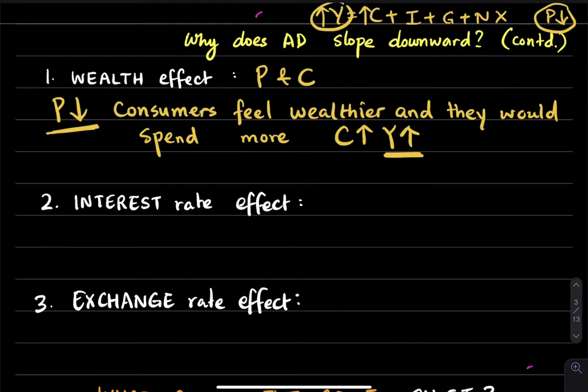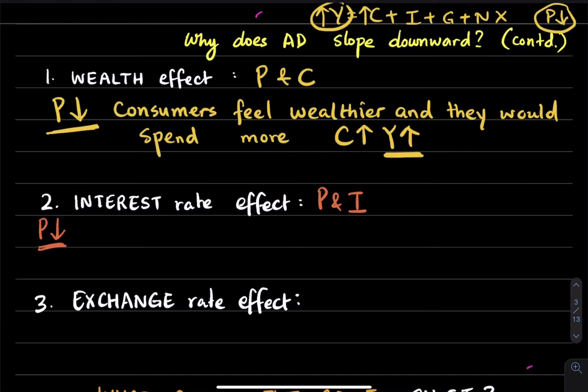The second reason why the aggregate demand curve slopes downward is the interest rate effect. This is really examining the relationship between price and investment. Now, think about prices falling.